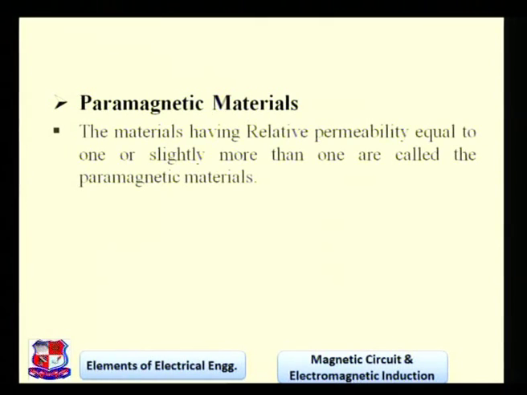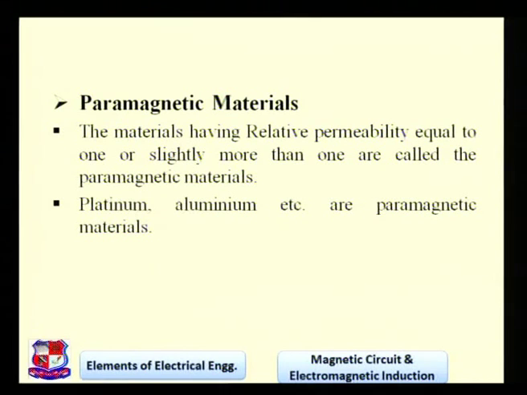The second type is paramagnetic material. The materials having relative permeability equal to 1 or slightly more than 1, it means between 1 and 10, are called paramagnetic materials. It means that they will attract the magnet but not as strongly as ferromagnetic materials attract.